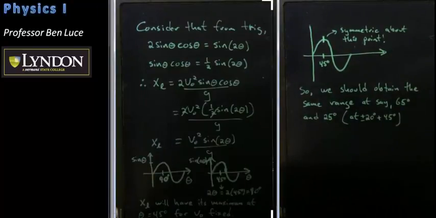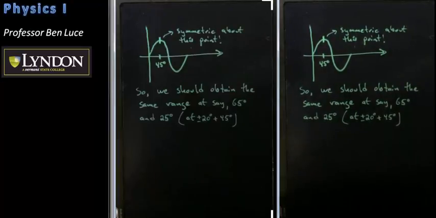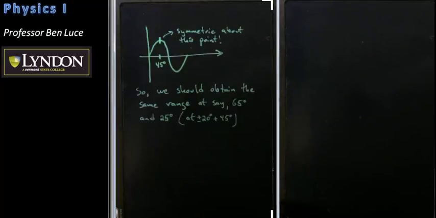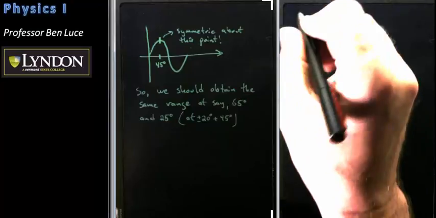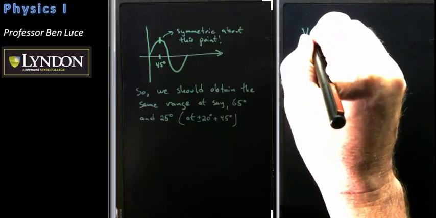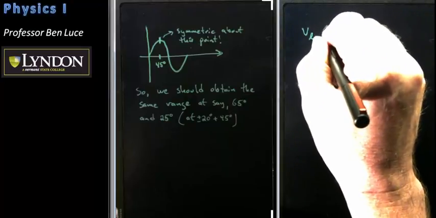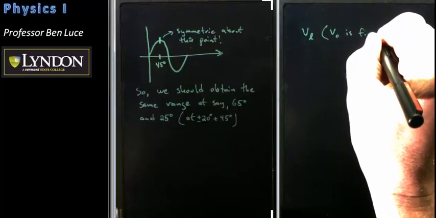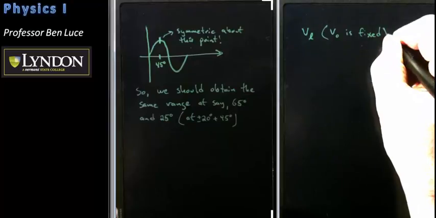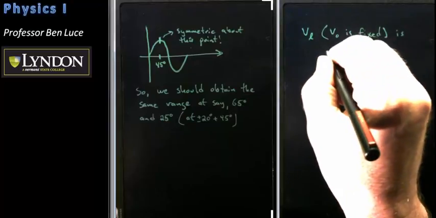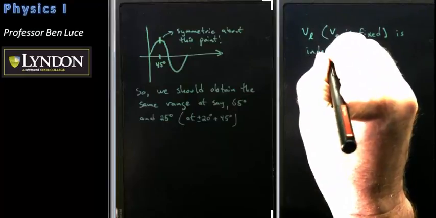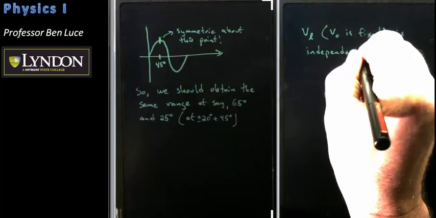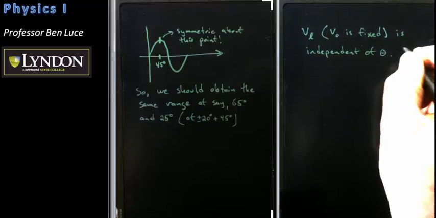Now, let's next consider something we saw before that I asked you to ponder. Specifically, we noticed that in many cases it appeared that V_L, at least when V naught is fixed, is independent of the launch angle theta.